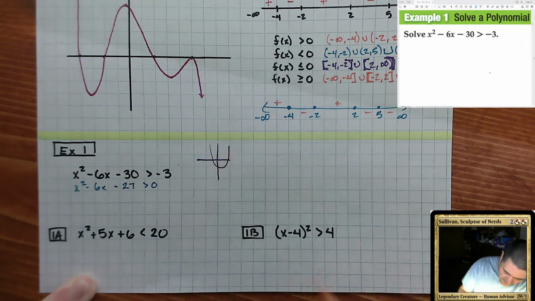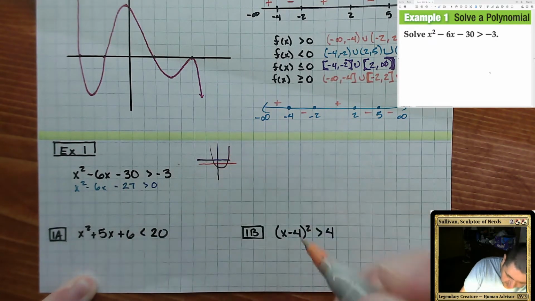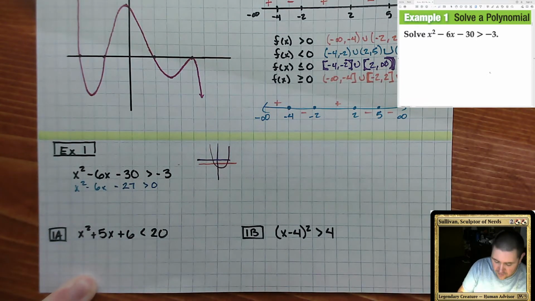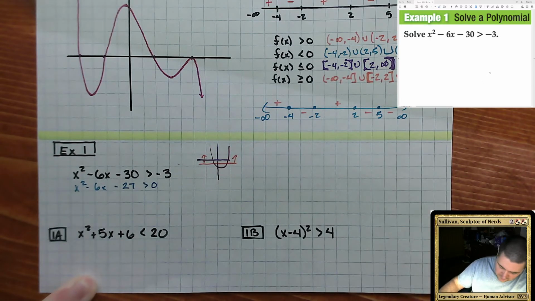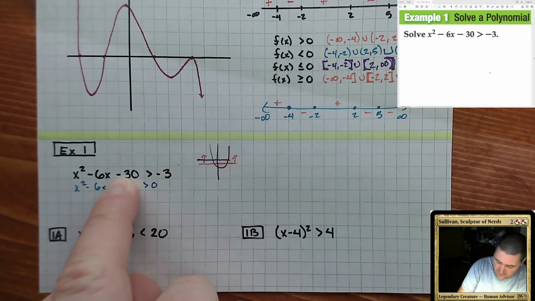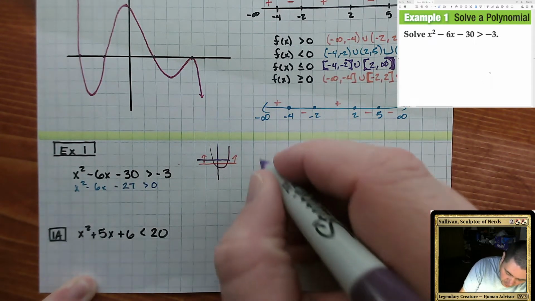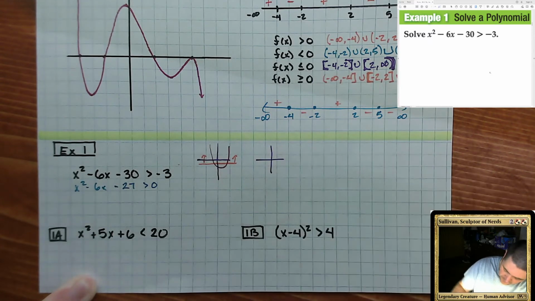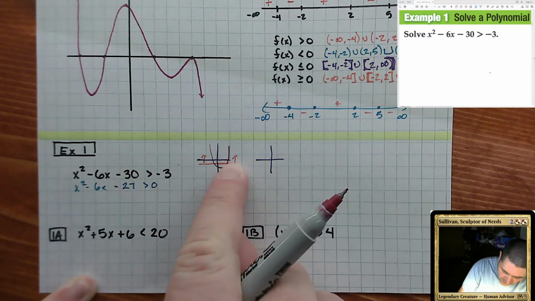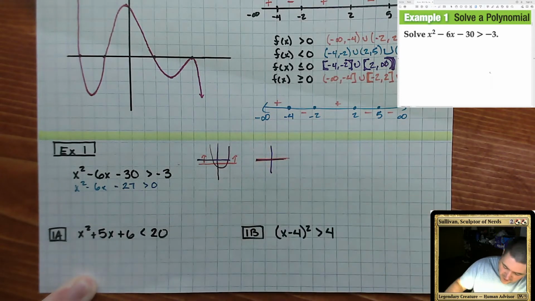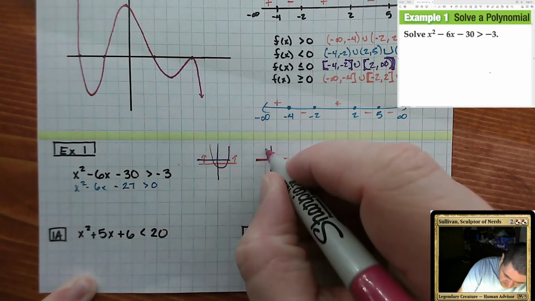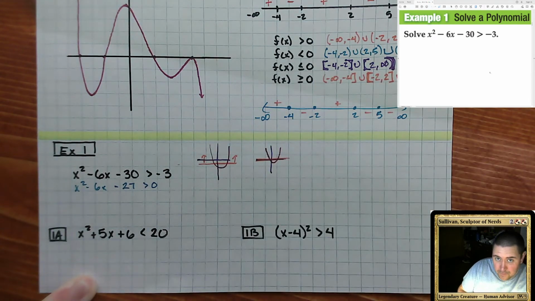And I was asking, where is it greater than -3? Where is it above this line? So all I did by adding 3 to this side is I shifted the goalposts. I took that line and I moved it up to the x-axis and the parabola along with it.